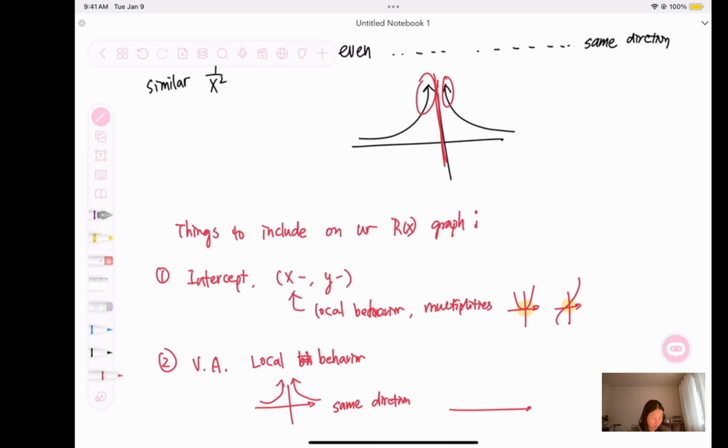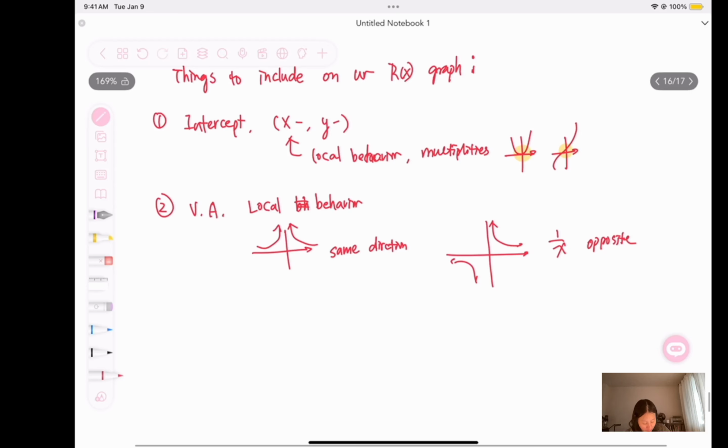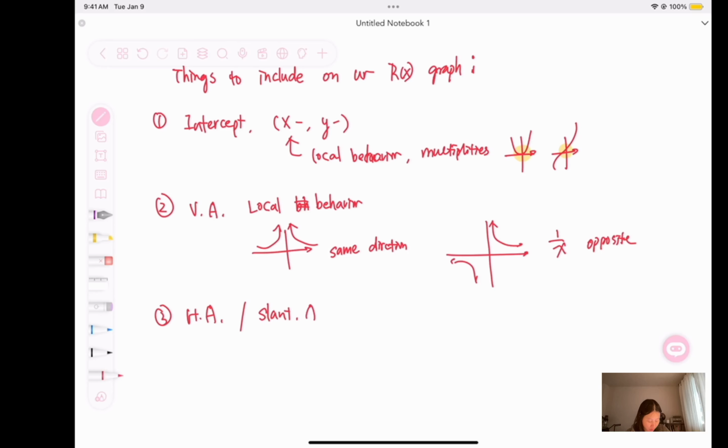If it's odd, the local behavior will be similar to 1 over x, which goes in different, or opposite, directions. Third, we need to include the horizontal asymptote or slant asymptote, which is determined by the leading term of the rational function.